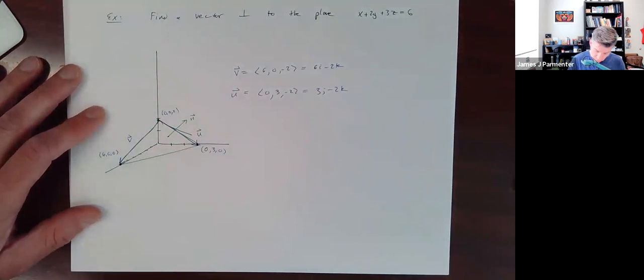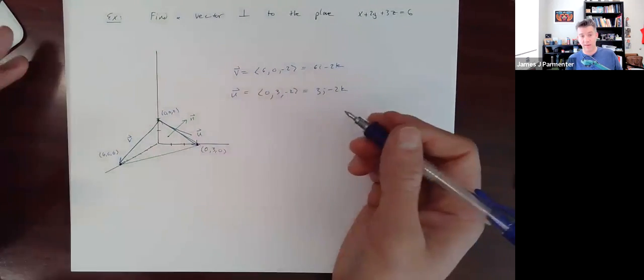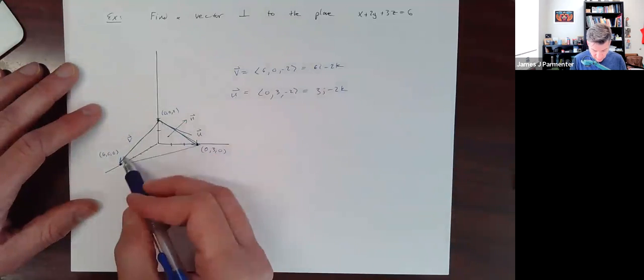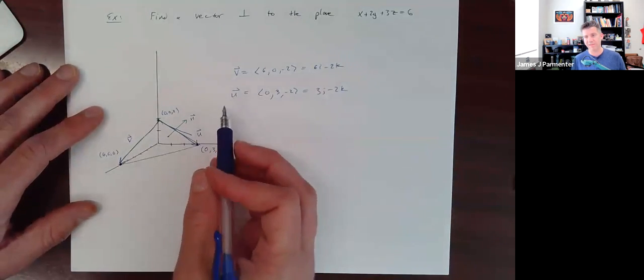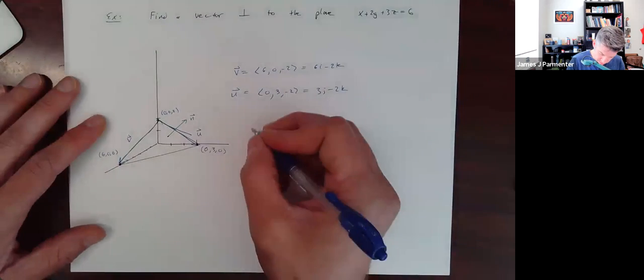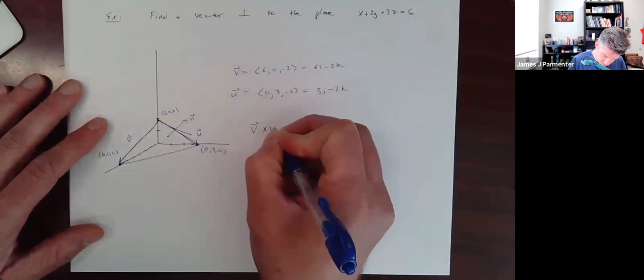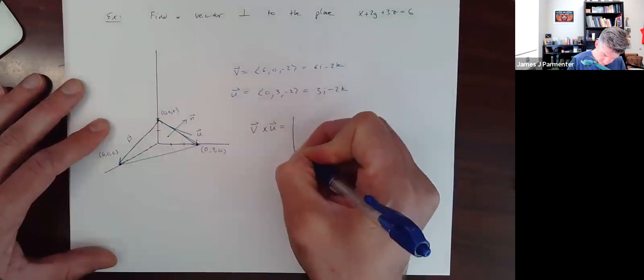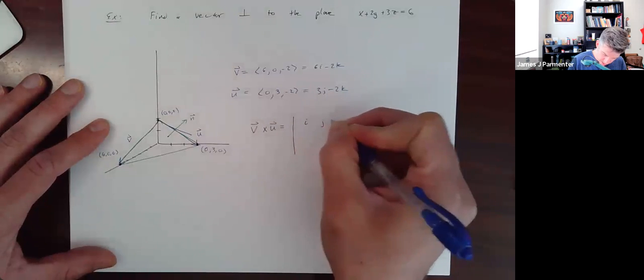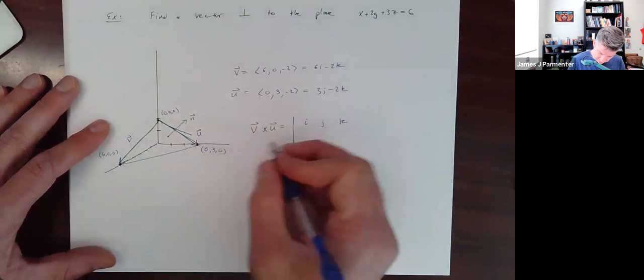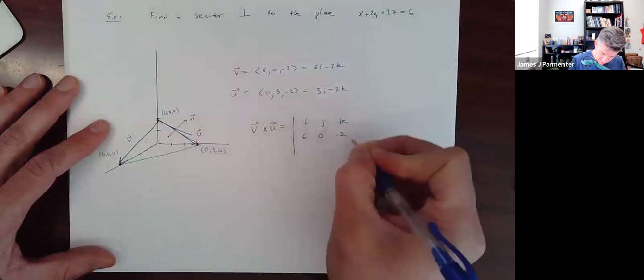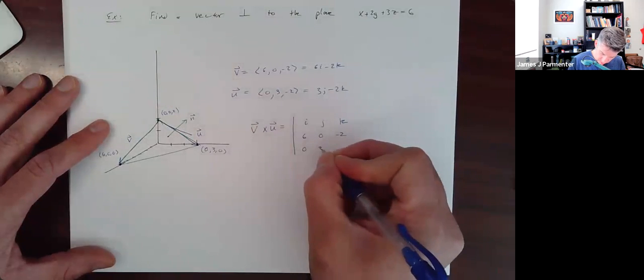So then to find u cross v or v cross u, either way is fine. I'm going to do v cross u because that's going to point out that way. It doesn't really matter which way it points, but v cross u is going to be i, j, k, and then the vector v, 6, 0, negative 2, and then the vector u, 0, 3, negative 2.